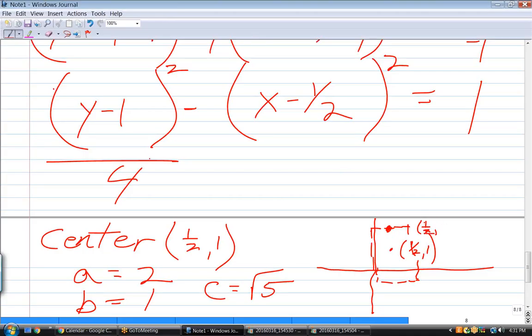That's 1 half. This is 5 halves. In other words, I'm adding. So hold on a second. No, it would be 3. You're right. It's 3. I don't know. Okay. And this point right there is what? That is 3 halves. Correct. Comma 1. Yeah.